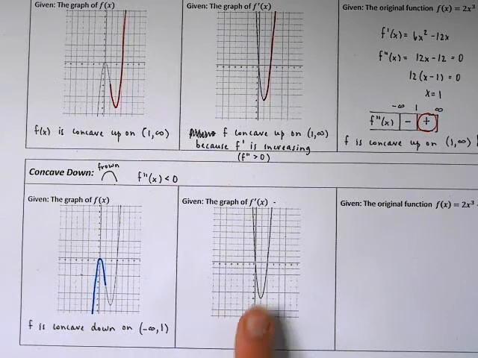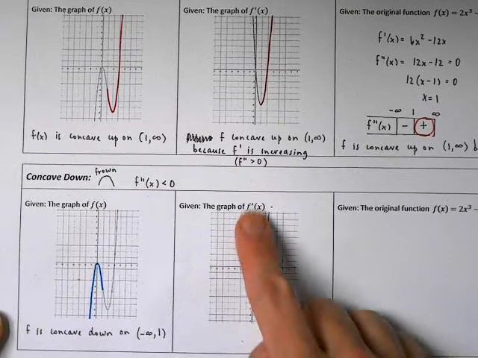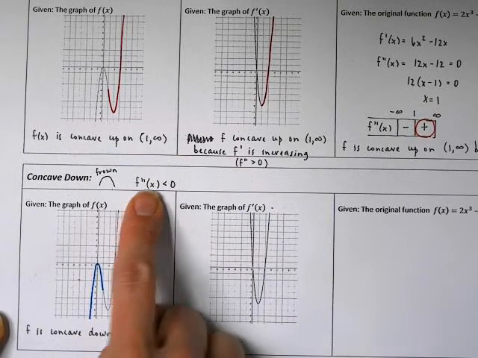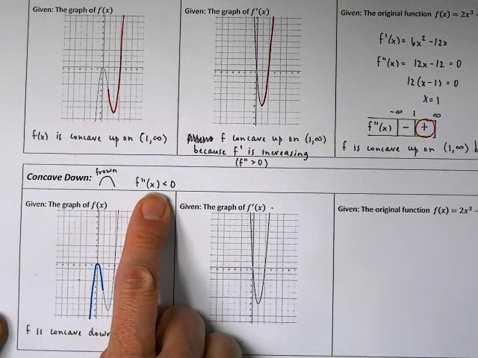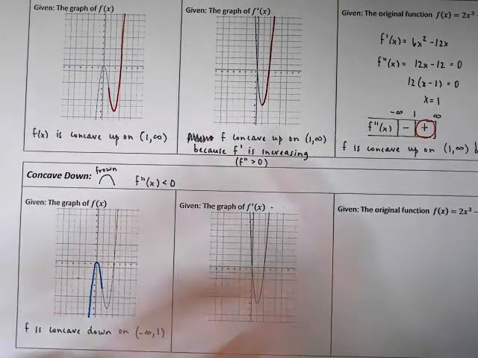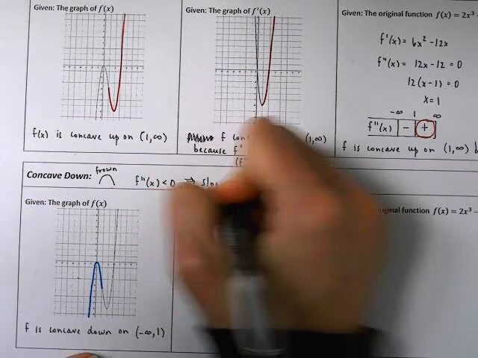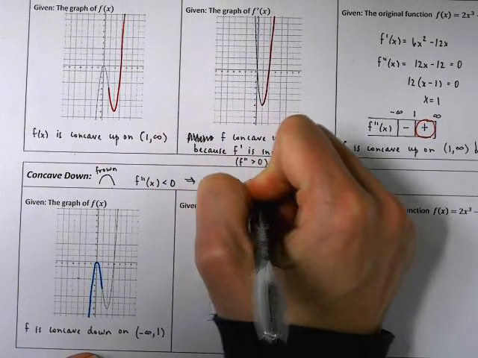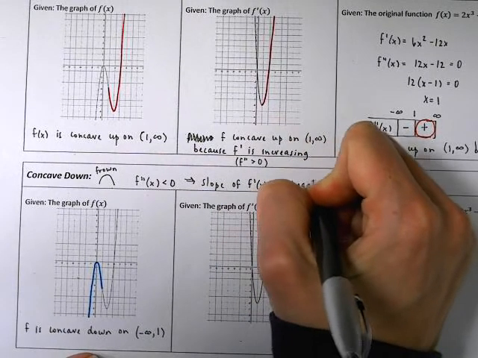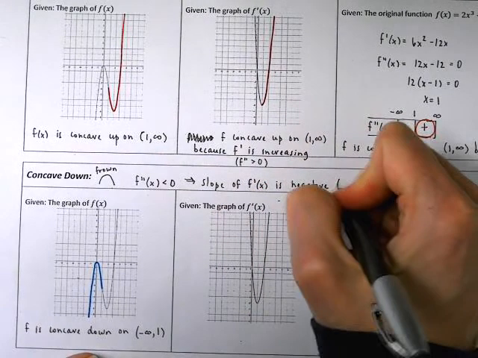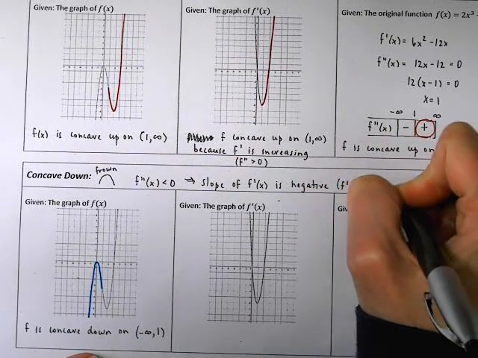Now again, here we have the graph of f prime. So I know that the slope of f prime is going to give me information about the second derivative. So if I want the second derivative to be less than 0, that means I'm looking for where the slope of f prime of x is negative. So really I'm looking for where f prime of x is decreasing.